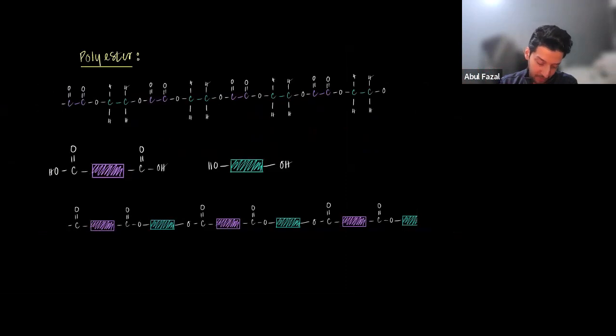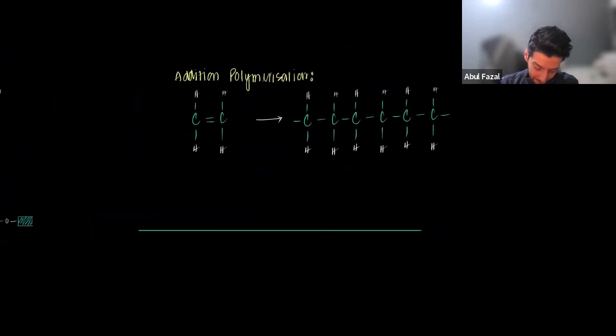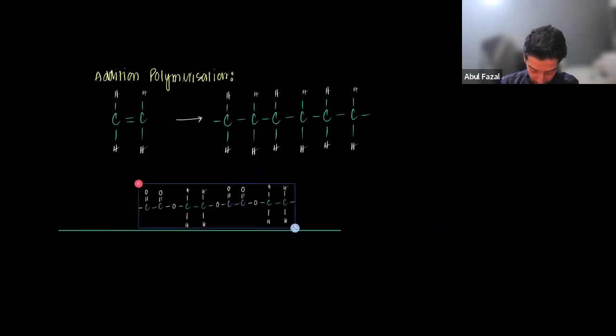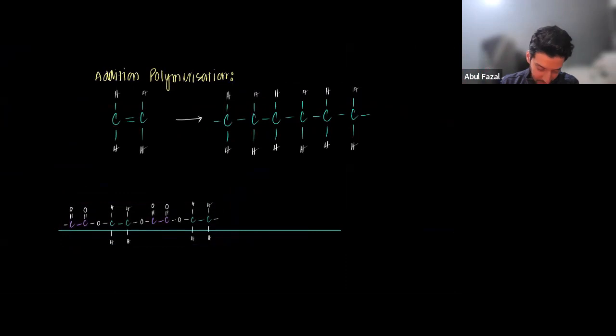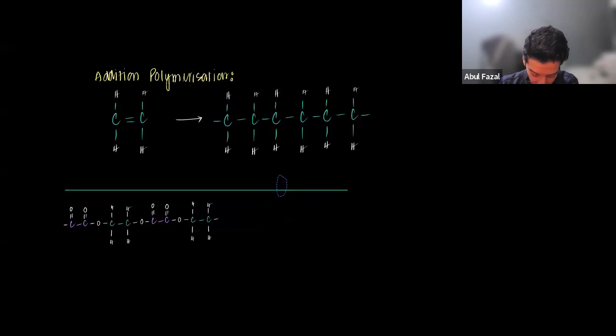The other sort of polymerization, this one, is formed through esterification, and this is called condensation polymerization.